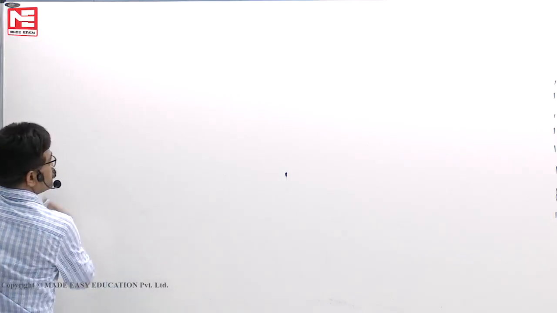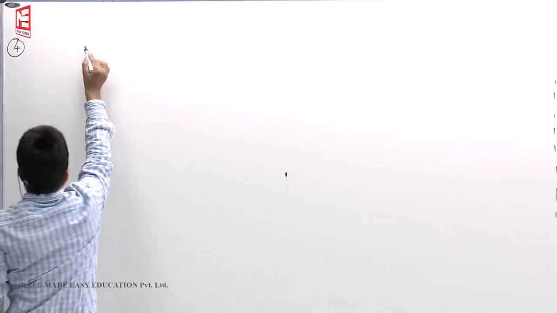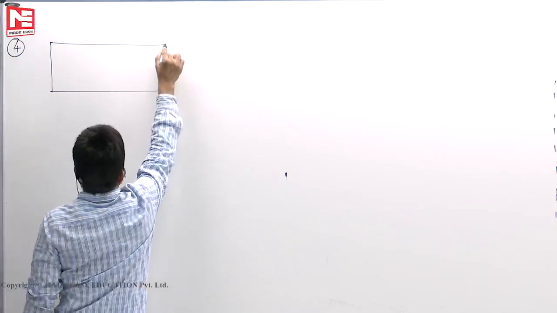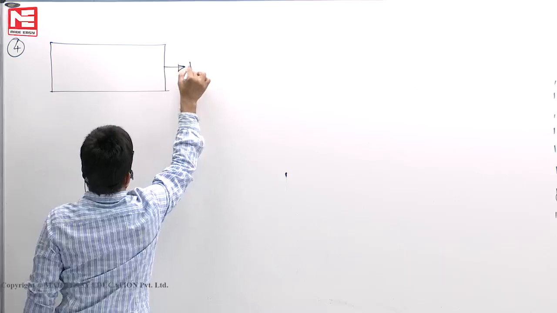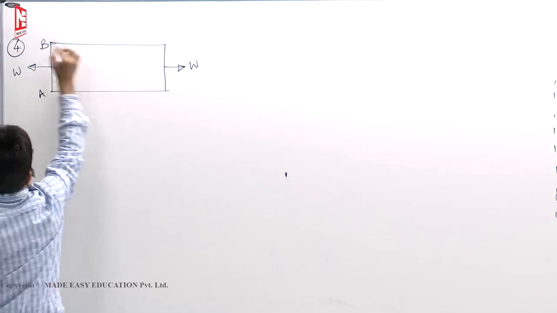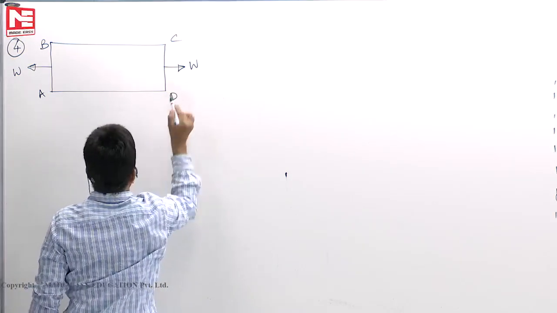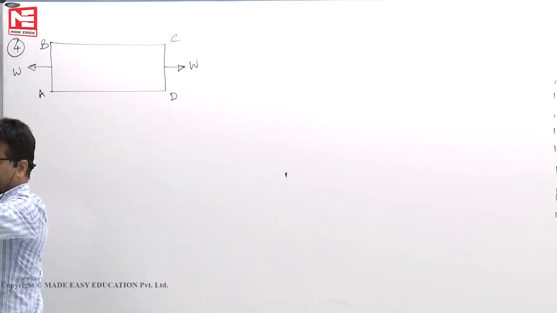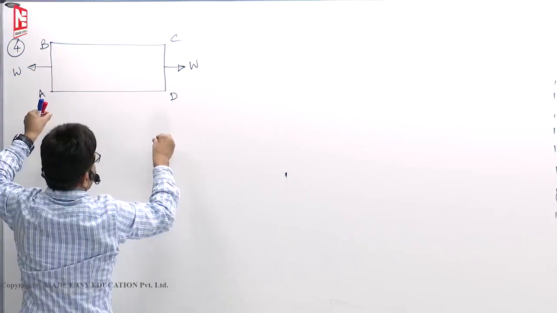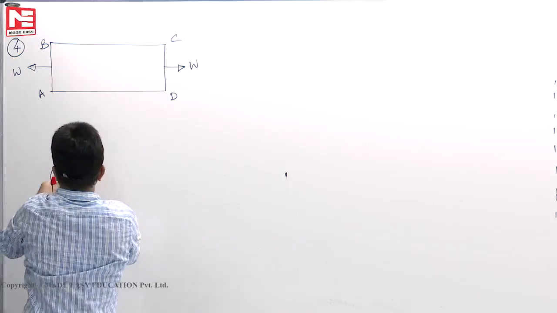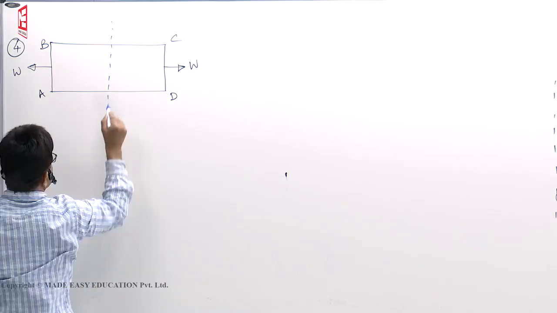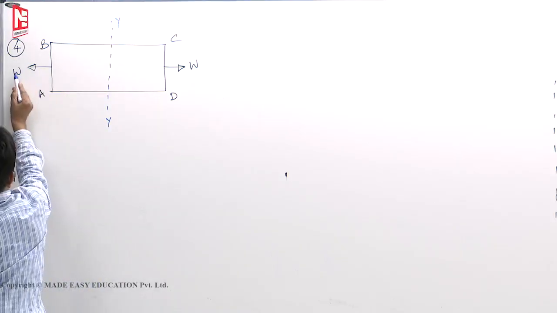Now supposing that fourth example, we have a box frame which is symmetrical about both the axes. Some load W here, at this point, let us say A, B, C, D. Okay, this is a frame subjected to some load on the column, some horizontal load let us say. It is symmetrical about y-axis, symmetrical about x-axis also.